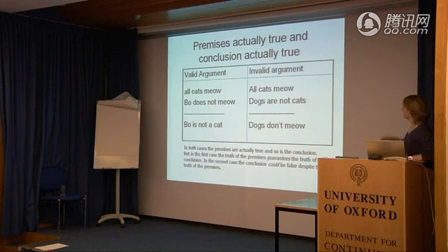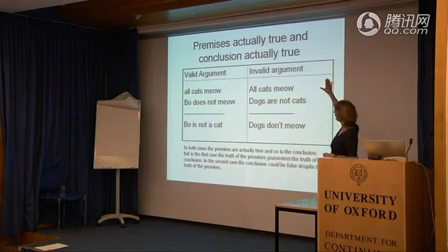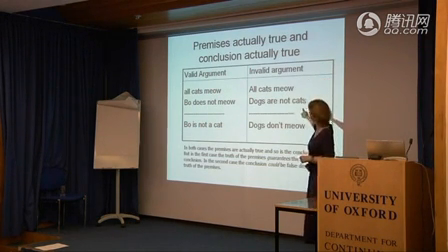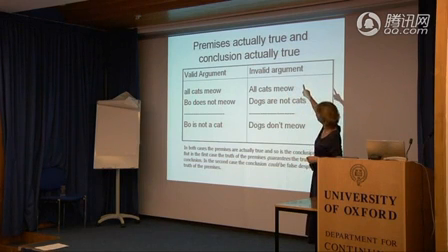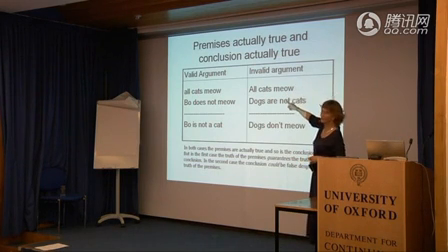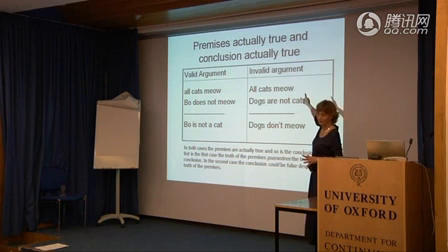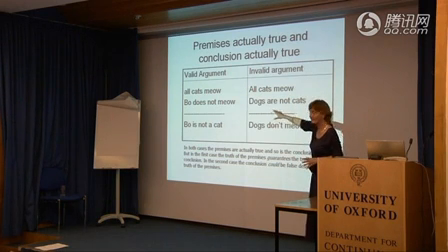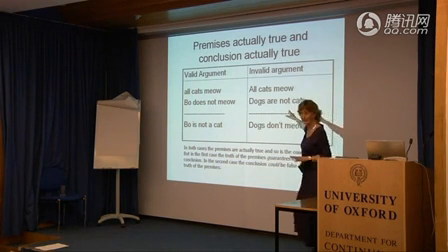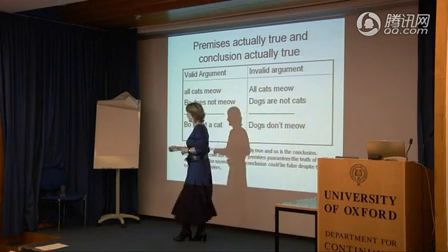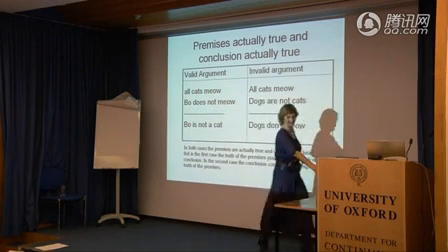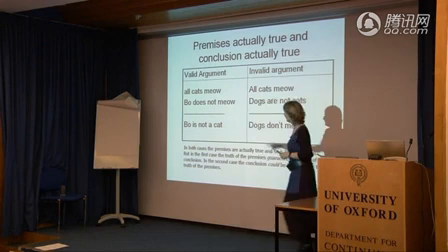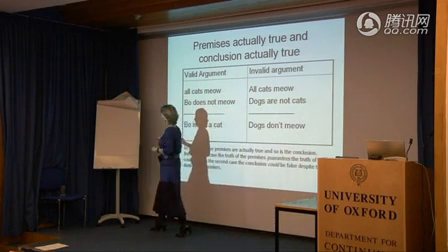Okay, here's an example. Here we have two arguments. In both cases, the premises are actually true and the conclusion is actually true. But one of them is valid and the other one isn't valid. I'm going to show that to you by means of Venn diagrams. So, all cats meow.